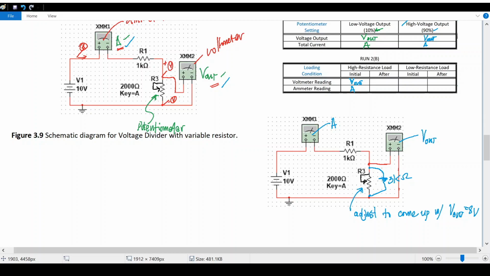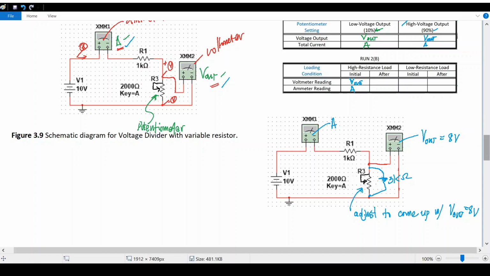So adjust the potentiometer, but prior to that, see to it that the initial setting, B out, should be 8 volts first.